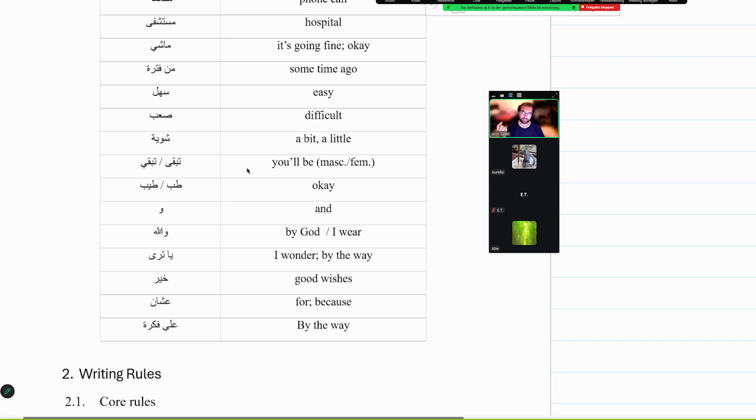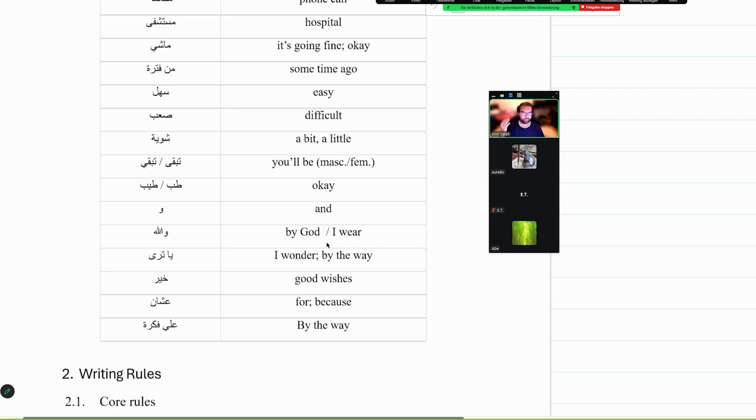You'll be, is going تبقى, تبقي. Okay, طب, sometimes طيب. And و. You're also going to hear we sometimes, so it depends on the word and the dialect and the person and the flow of the sentence, but wa is the standard.